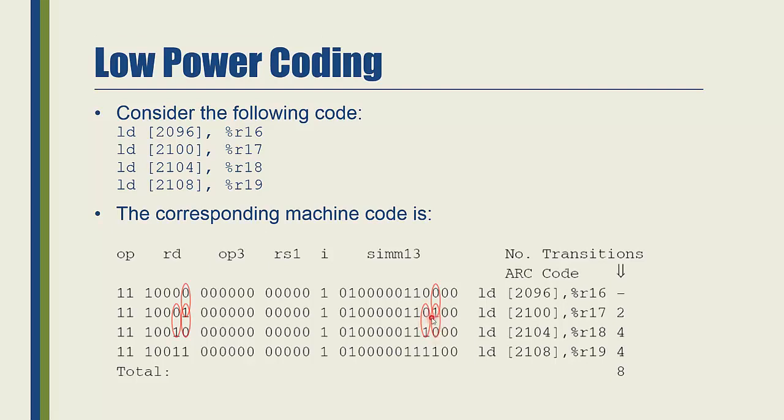And this is the fourth one. So we see 4 bit changes from instruction 2 to 3. And from instruction 3 to 4, we see this bit change, this bit change. So there are only 2 bit changes. This is a typo. It's supposed to be only 2 bit changes. So the total bit change is 8, 2 plus 4 plus 2. The total is 8.